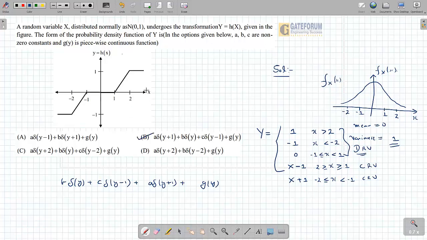So the form of the random variable y will be of this form. That is what is required. Someone asks what is the a, b and c value. Then it is easy to find, because a is for x greater than 2. I'll take one example.